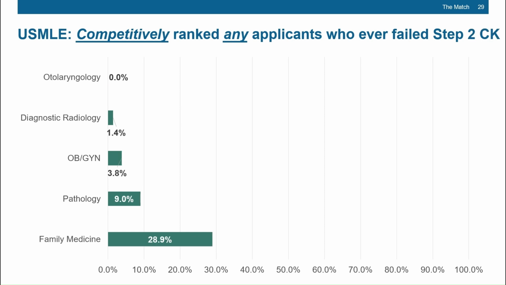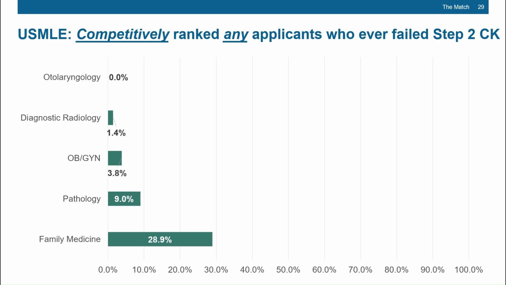So now let's look at the same bar chart, but this time focusing on the percentage of programs that competitively rank any applicants who have ever failed Step 2 CK. We see some very similar patterns to those that we observed on the prior slide. Coupled with the overall rank order list findings, these again demonstrate a trend of programs being more likely to non-competitively rank applicants who have ever failed.